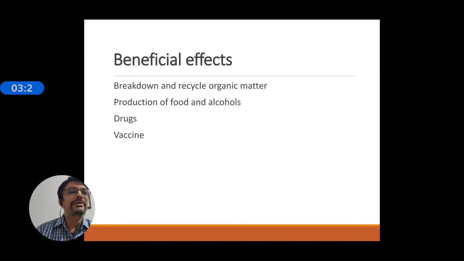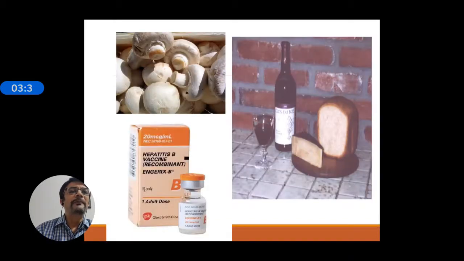Now in the next slide, you can see the mushroom in this picture, which can be used as food itself. You will see various fermented foods like cheese, cake, bread, wine. These are all fermented with different kinds of fungus.